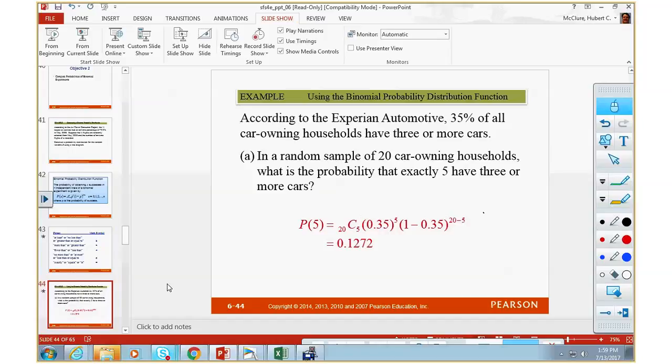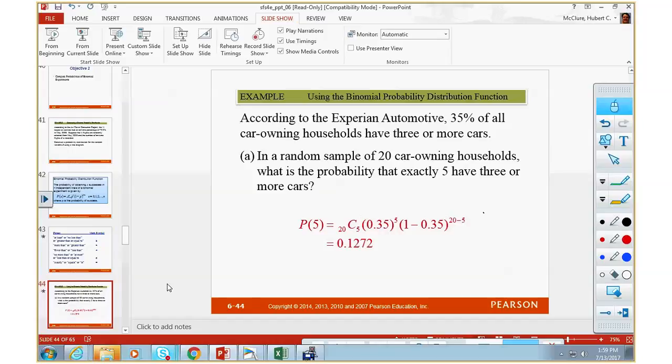In a random sample of 20 car-owning households, what is the probability that 5 have blah, blah, blah? So you might want to write it and just mark out 3 or more cars, put blah, blah, blah, because you need to train your mind to see what's important.